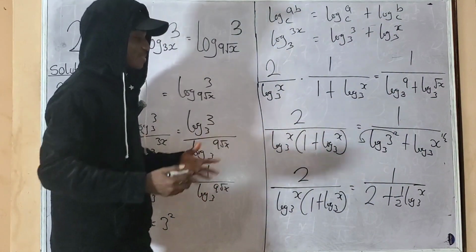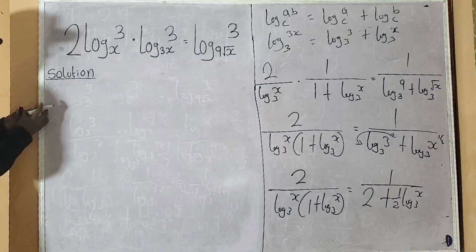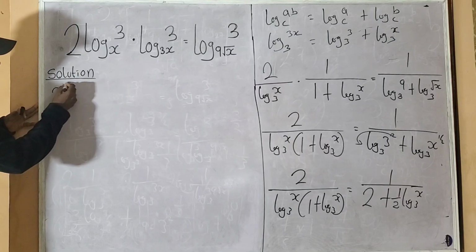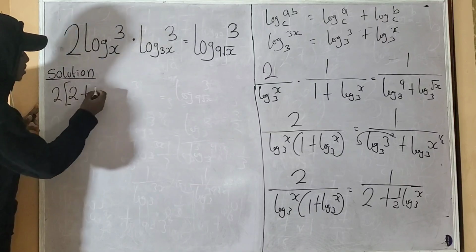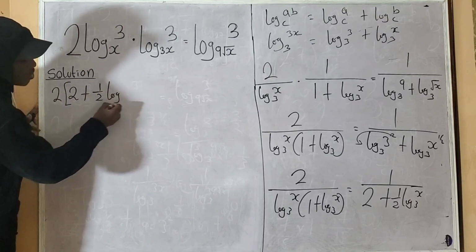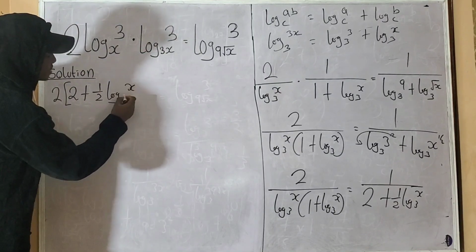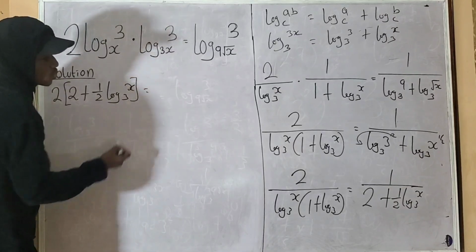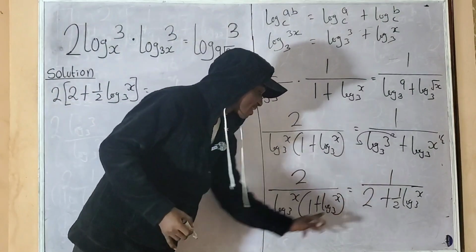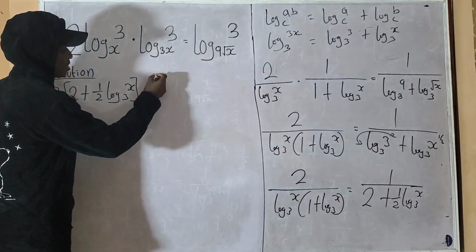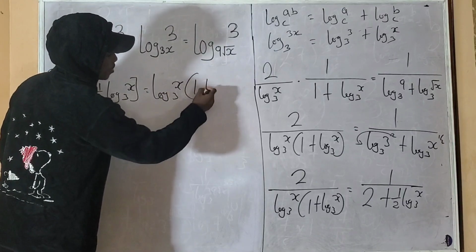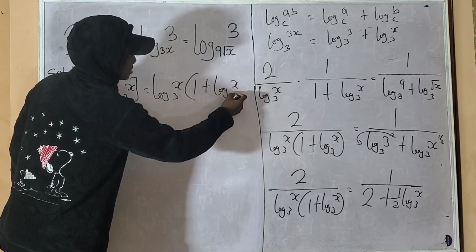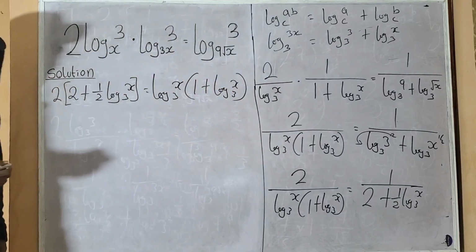Now, the next step is that we're going to cross multiply. We're going to have 2 multiplied by 2 plus 1 over 2 log_3 x. This will be equal to 1 multiplied by what we have here, so log_3 x multiplied by 1 plus log_3 x. Do you understand?